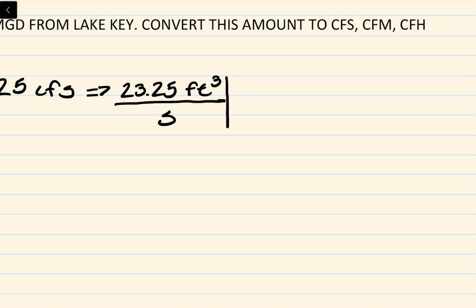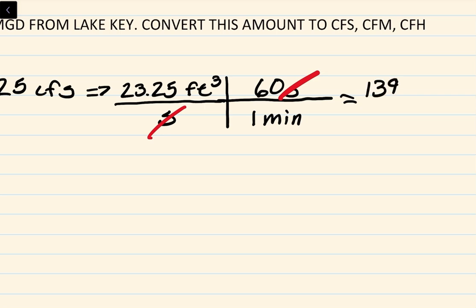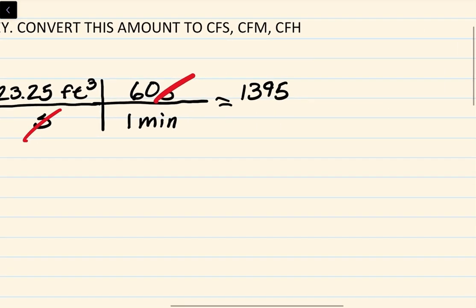We know we got to cancel it out. There's 60 seconds in 1 minute. We see our seconds cancel out. Let's go ahead and do that math right quick. That gives us 1395 cubic feet per minute.